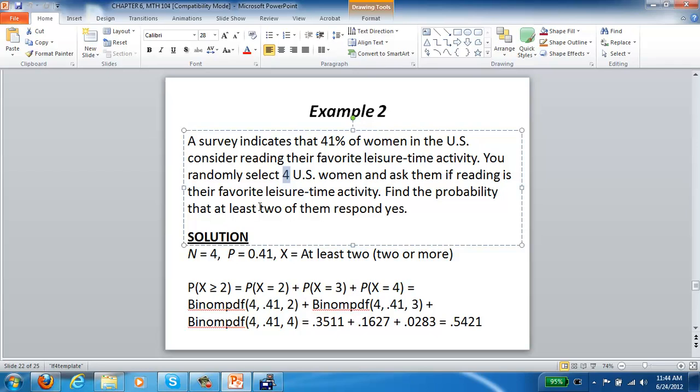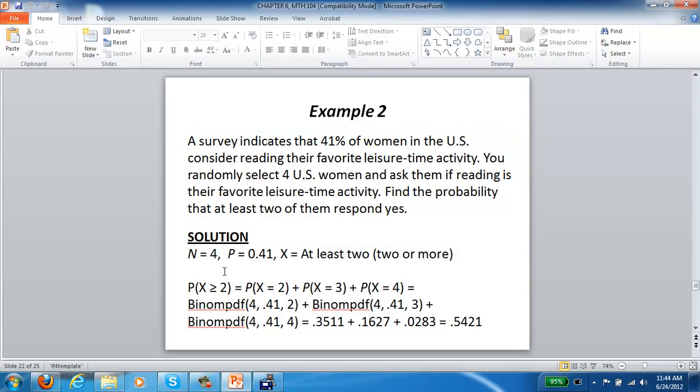Because 4 is the sample size. So n is 4, p is 0.41, x is at least 2 or more. So we have to use the formula 3 times, 1 for 2, 1 for 3 and 1 for 4. So binomial PDF 4, 0.41, 2, and then we continue and we add the 3 probabilities.